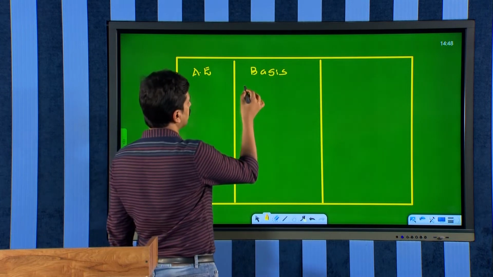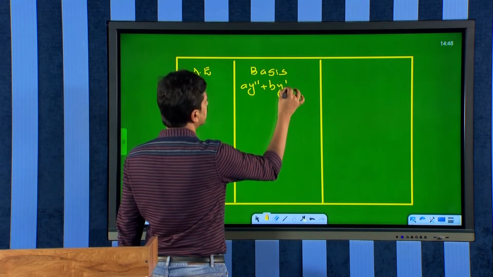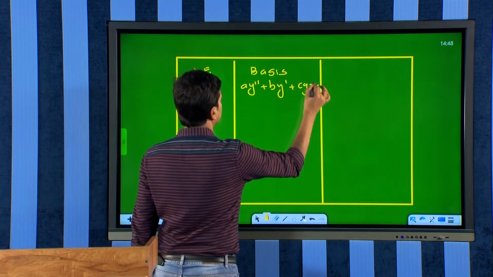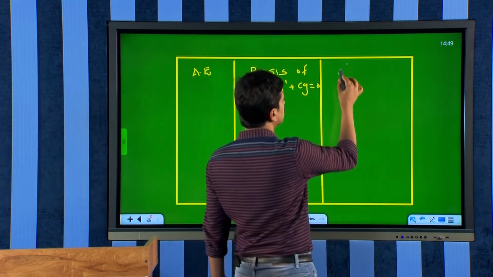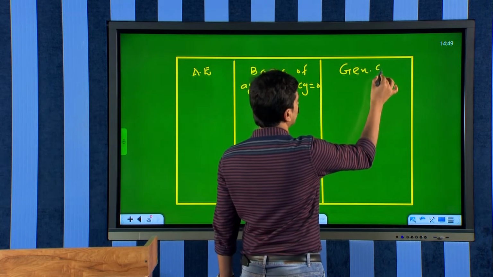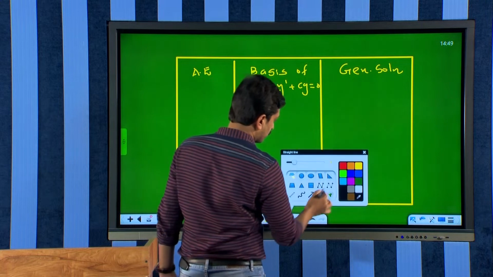The differential equation is ay double dash plus by dash plus cy equal to 0. Then we already discussed the general solution.